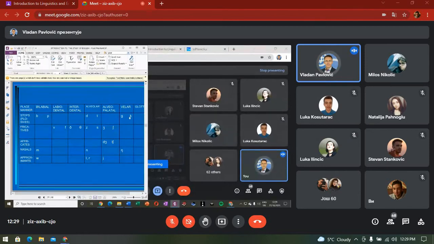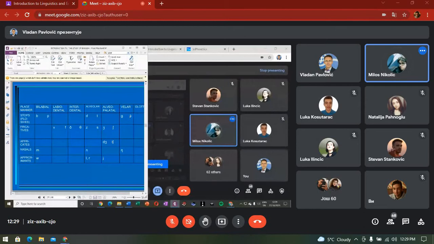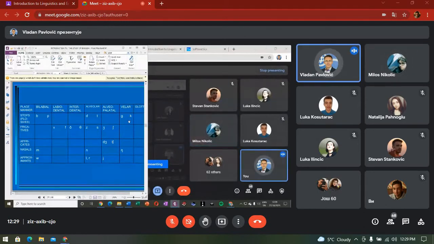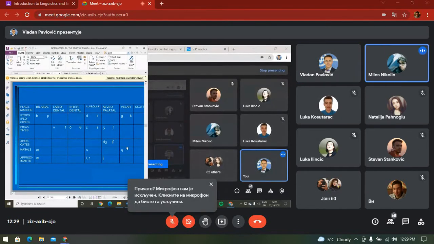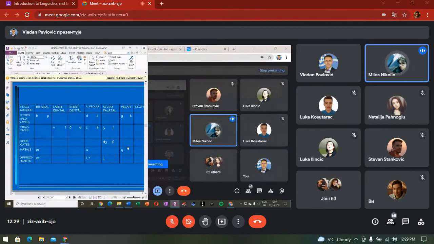As far as the velar sounds are concerned, why is their place of articulation velar? Why is it, Miloš? Why are g and k velar? Maybe because we use the back of our tongue to pronounce it.